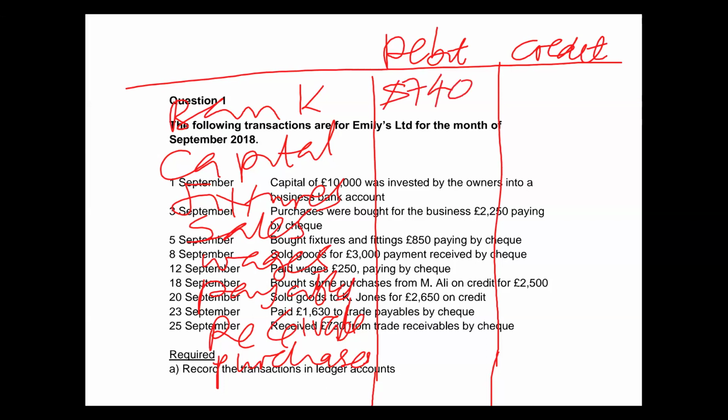For the capital, capital was credited 10,000. Fixtures was debited 850. Purchases was debited 4750.